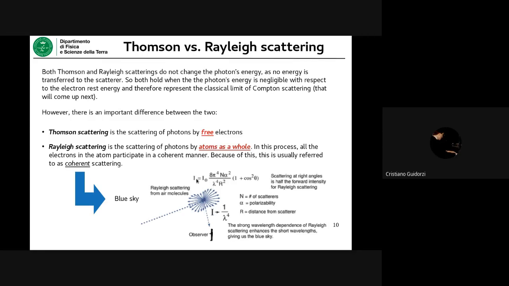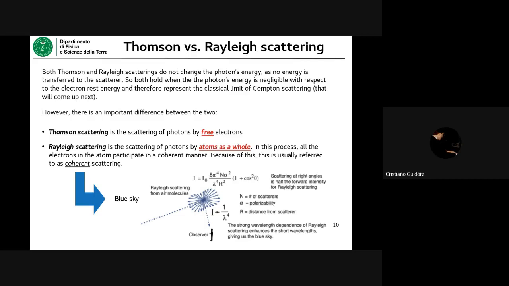It means that the capability of scattering radiation is stronger for shorter wavelengths. So if you consider light, blue photons are scattered by the air molecules in a much more efficient way than red photons. So when I look at the sky, I see many more blue photons which have been scattered, because Rayleigh scattering is more effective for blue photons than for red photons. That's the reason why blue scattered photons dominate over the red scattered photons.